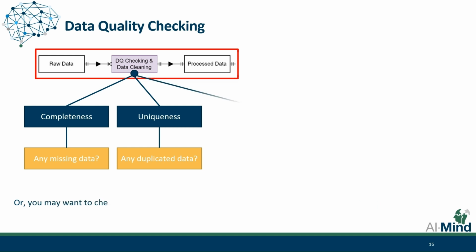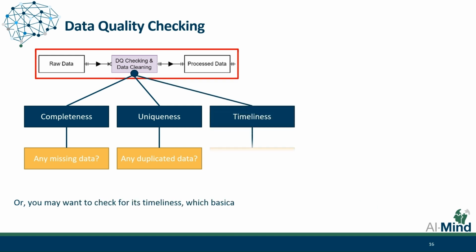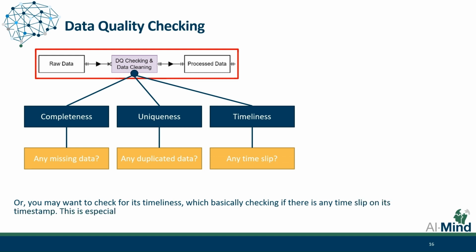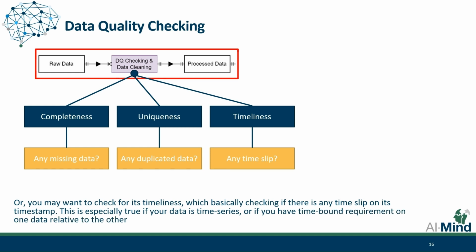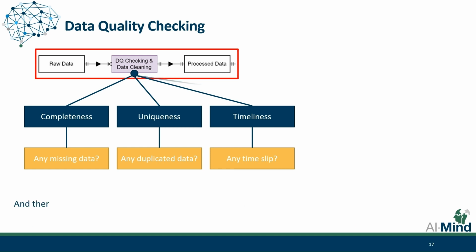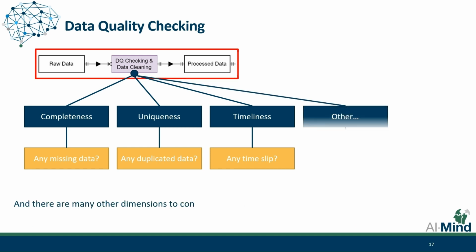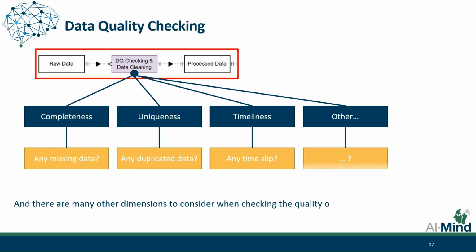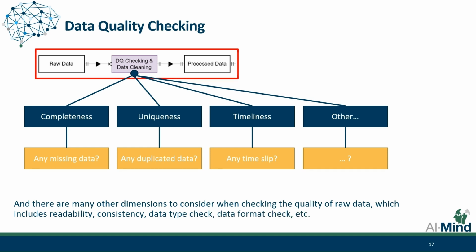Or you may want to check for its timeliness, which is checking if there is any time slip on its timestamp. This is especially true if your data is time series or if you have a time-bound requirement on one data relative to the other. And there are many other dimensions to consider when checking the quality of raw data, which includes readability, consistency, data type check, data format check, and so on.